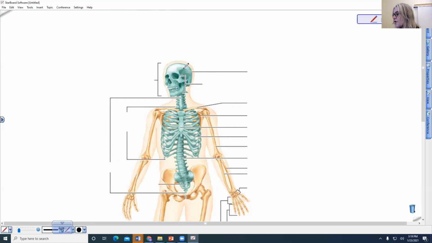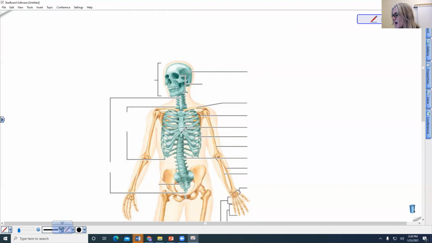Specifically, this part is called the cranium. Then we have the facial bones. Then we have the cervical vertebrae, and the cervical vertebrae provide protection for our spinal cord. We have the thoracic cage. So sitting in here, we have the lungs on each side and the heart in the middle. And then underneath, we have the diaphragm.